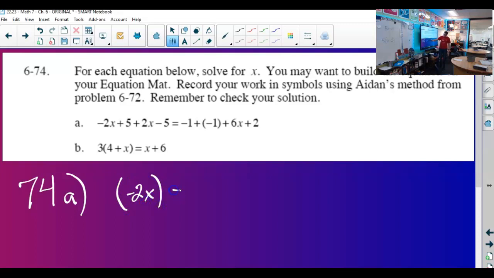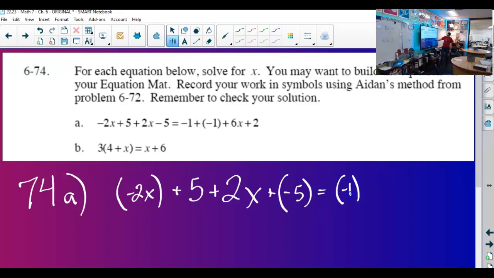Negative 2x plus 5 plus 2x plus, instead of minus 5, what could I write? Negative 5. Plus a negative 5, right? Equal to negative 1. Right, it looks like a minus 1 to start, but really we know this would be a negative 1 plus another negative 1 plus a 6x.